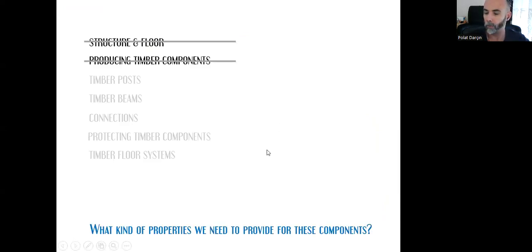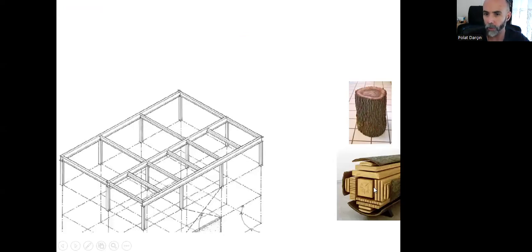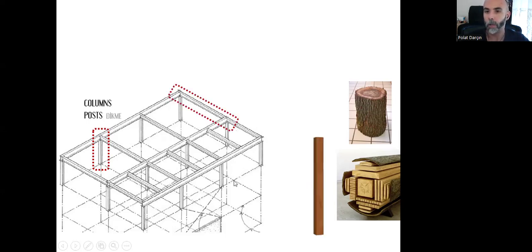And what kind of properties we need to provide for these posts, beams, and how are we going to connect them? That's the material. We saw it, and we have these pieces now. They have a definite geometrical form, and those pieces can be used as components like the columns or posts or beams, these horizontal components or girders.